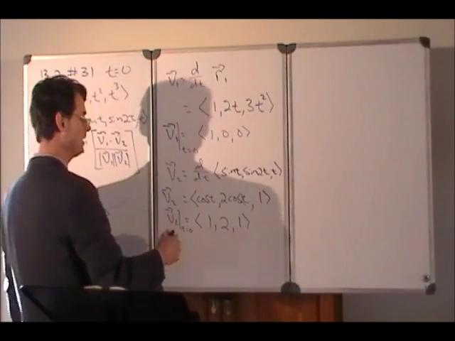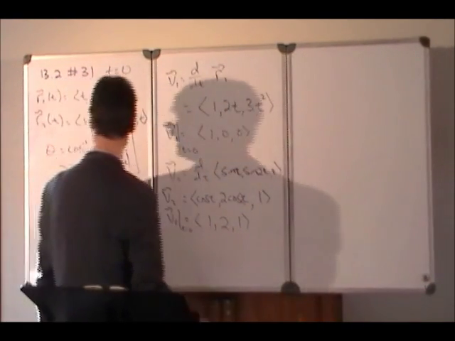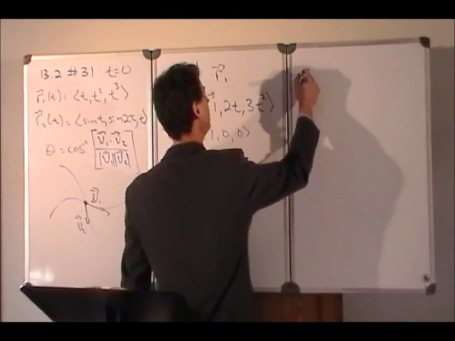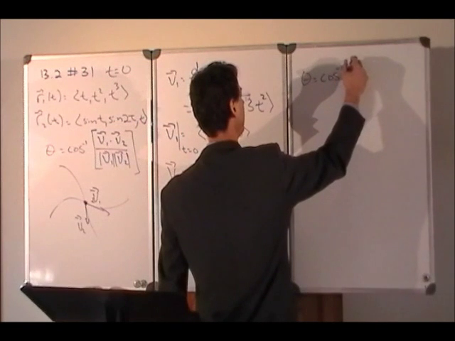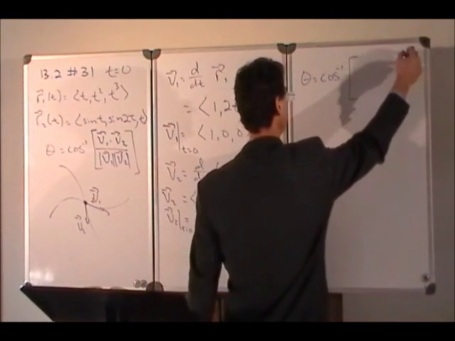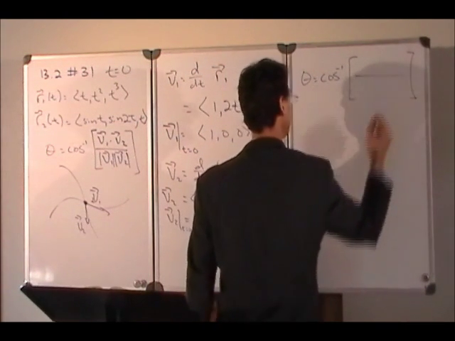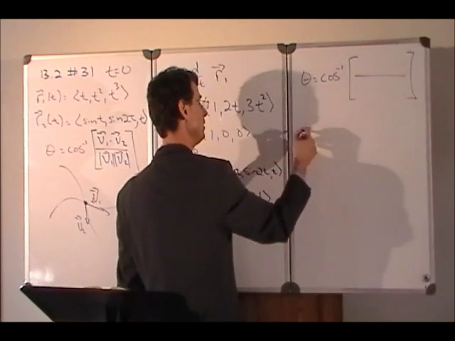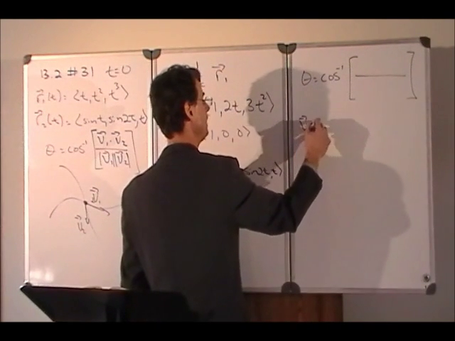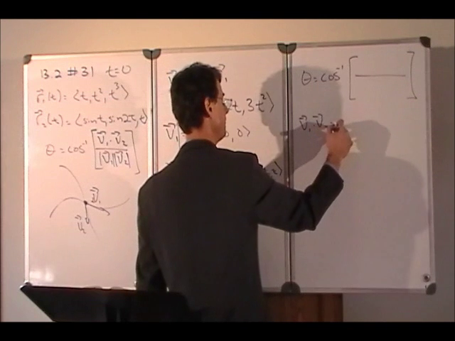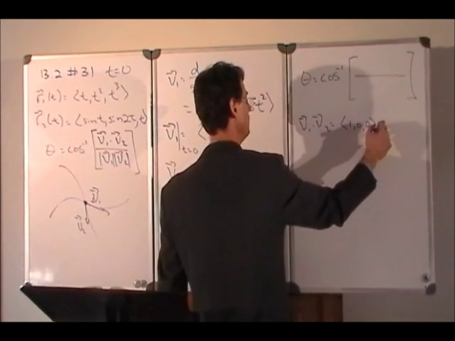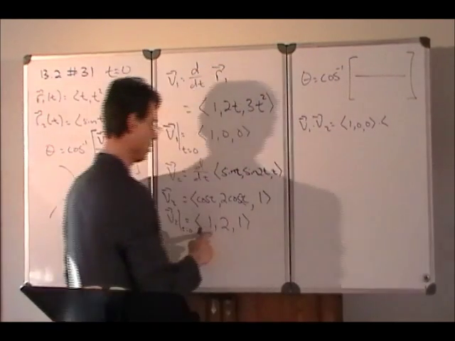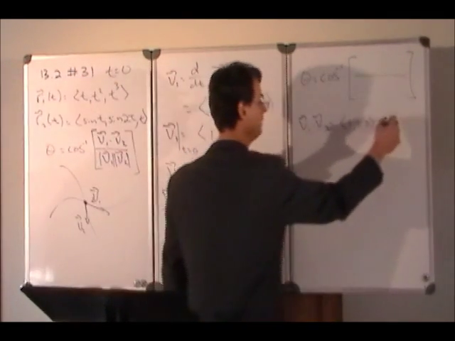Alright, so we have V1, we have V2, and now we can go ahead and find the angle. The angle is the inverse cosine. Well, let's go ahead and do the dot product and the magnitude separately, and then we'll plug in. V1 dot V2 is the dot product, so it's (1, 0, 0) dotted with (1, 2, 1).